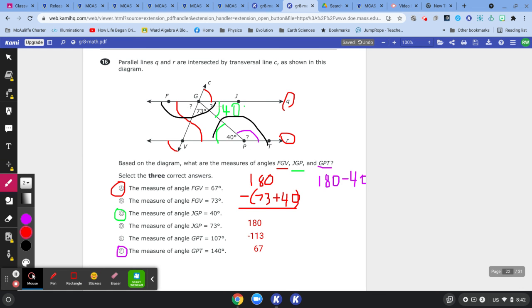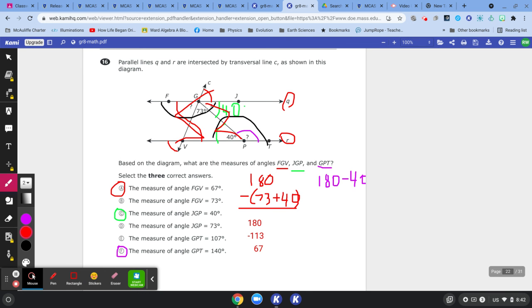You really have to know how transversals work, how they make this zigzag pattern of congruency. There is a zigzag pattern going on here as well. You also need to take advantage of 180 degrees, because that gives us what's left over when we had 40 degrees.